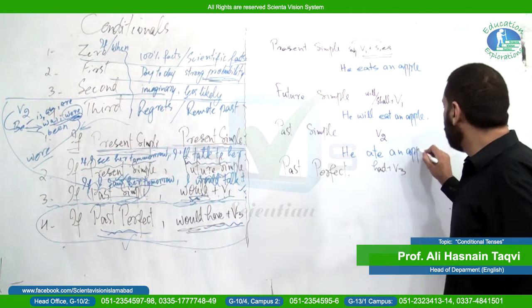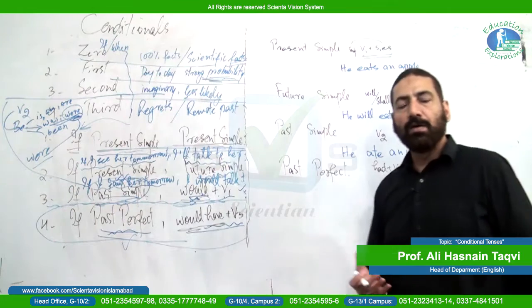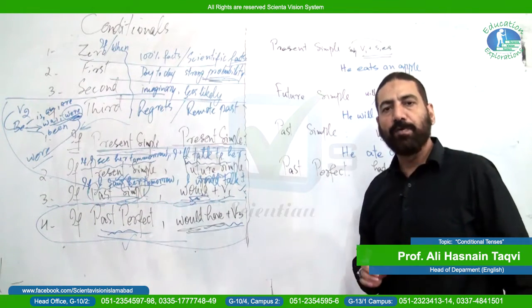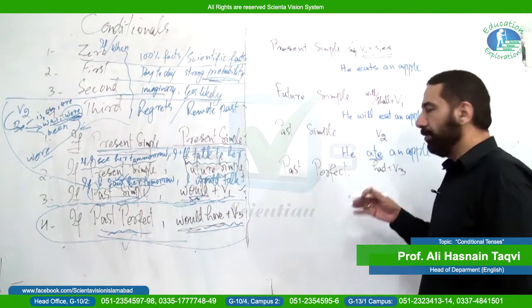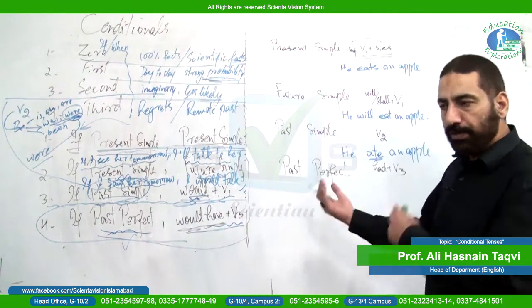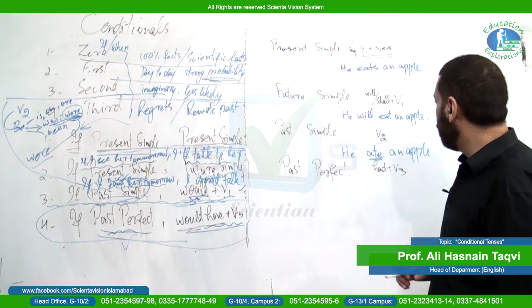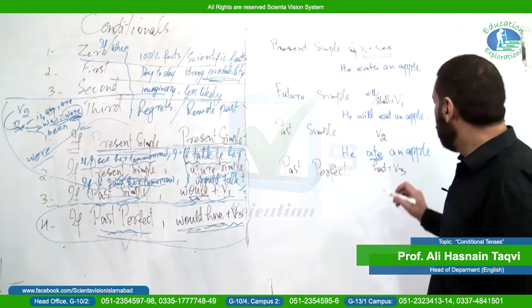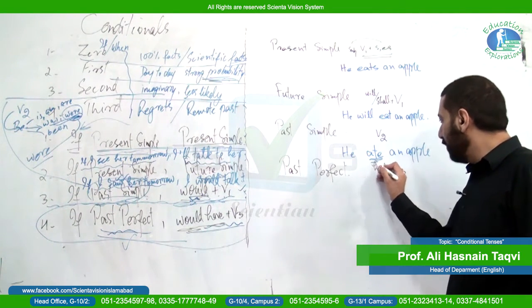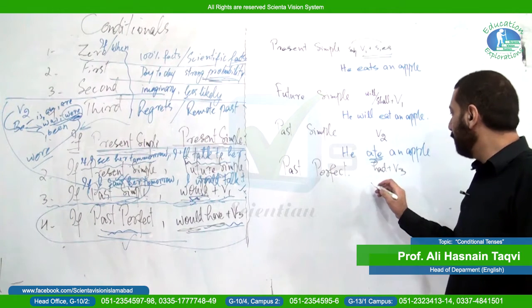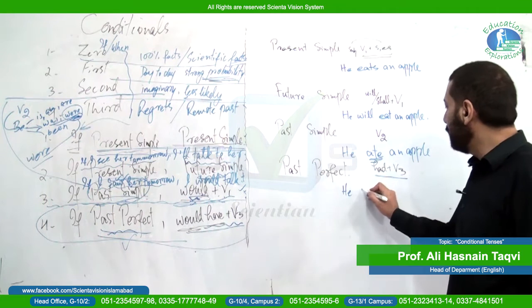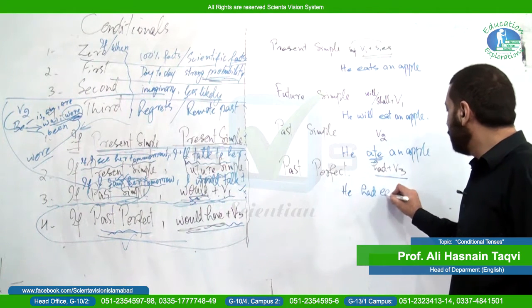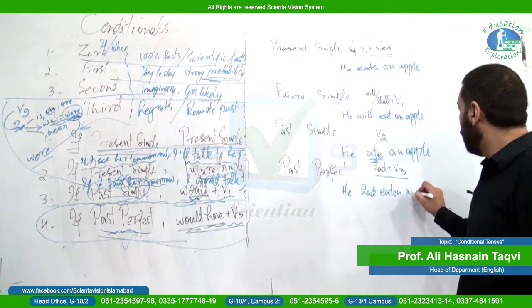Of course you need to learn all the irregular verb forms. There are times of trouble there. If you understand the rules, you need to know the right forms as well. He ate an apple. This is past simple. Seeing this verb, you can immediately decipher it to be past simple. Then you have had plus V3. He had eaten an apple.